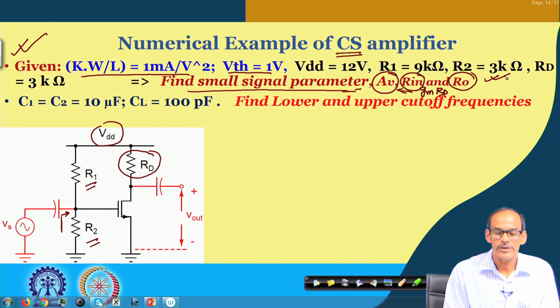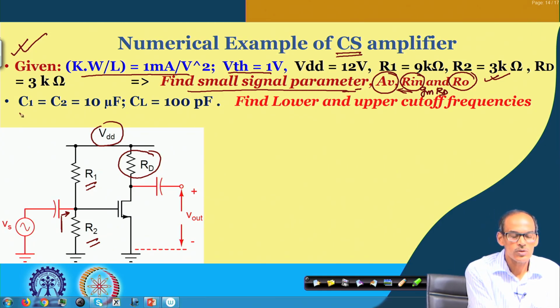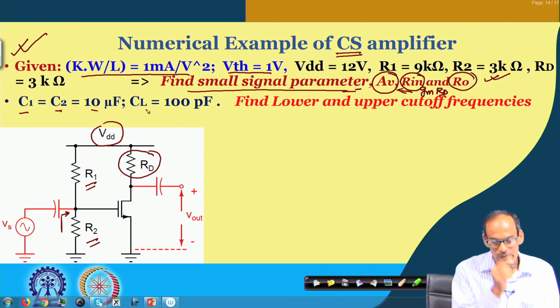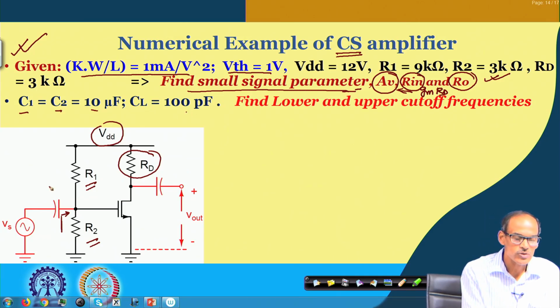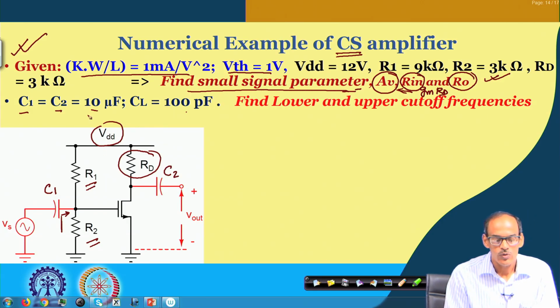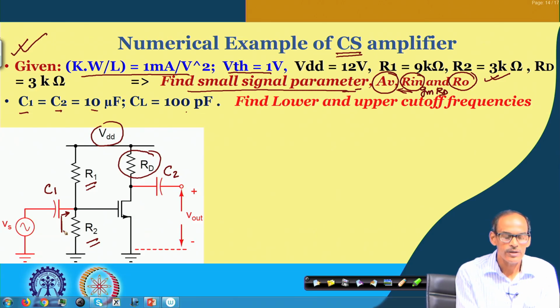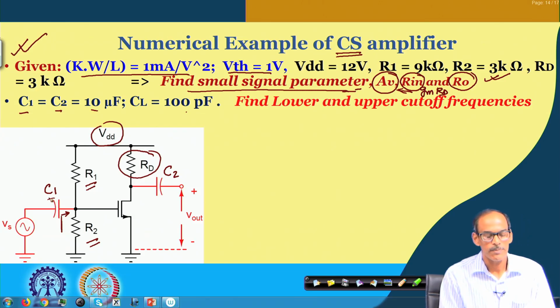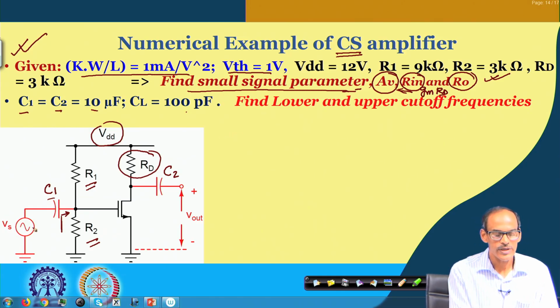Now, today in addition to that, in case we have these two capacitors' values and also the CL given to us, this is C1, this is C2, and then we can find the corresponding R in, and then the lower cutoff frequency. In this case, omega L equals 1 by C1 into R1 parallel R2.